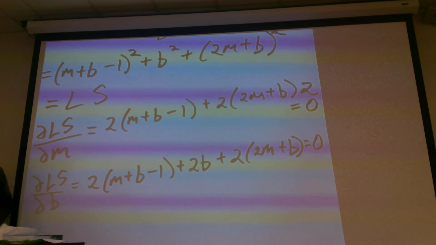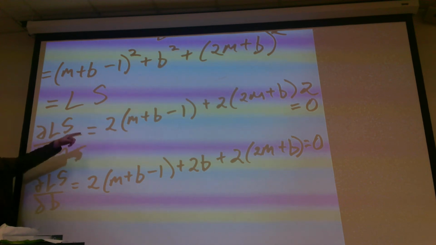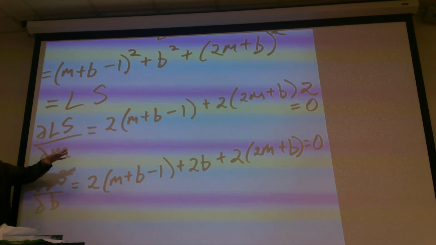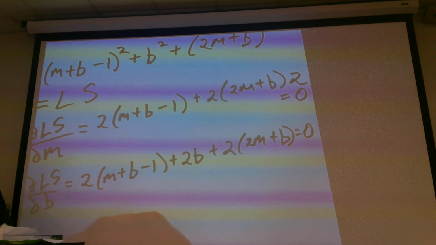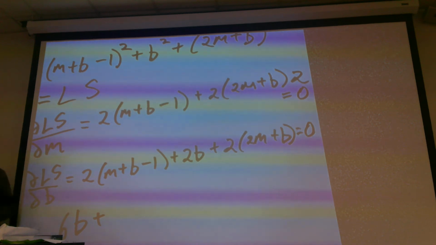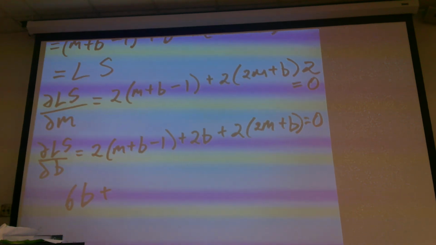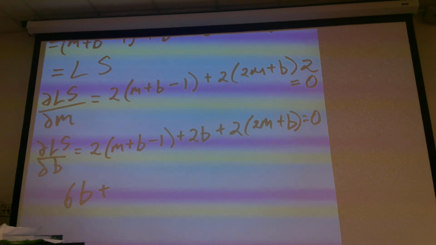Now let's look at how many b's I would have on this one. I'd have a 2b from that portion, and then 2 times 2 is 4, so that would be 4b plus 2b, which would be 6b. It doesn't matter which order you do this in. Now we're looking at the m's.